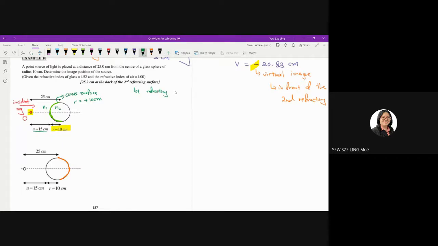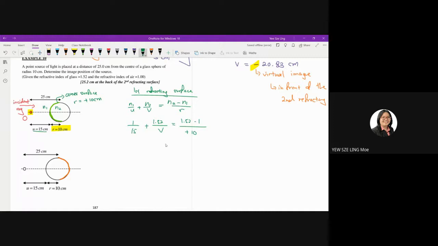First refracting surface: N1 over U plus N2 over V equals N2 minus N1 over R. For N1, I have the air, which is 1, over U 15 cm, plus N2, which is inside the glass sphere, so 1.52 over V, equals 1.52 minus 1 over positive 10.